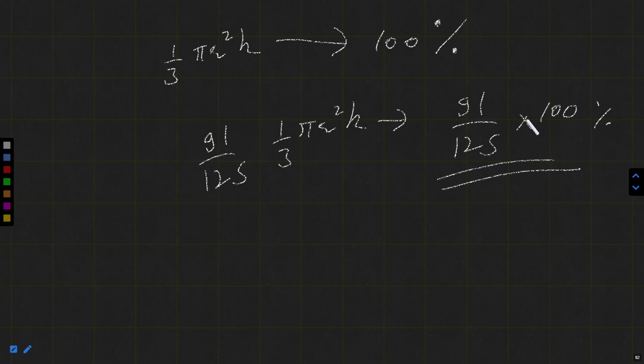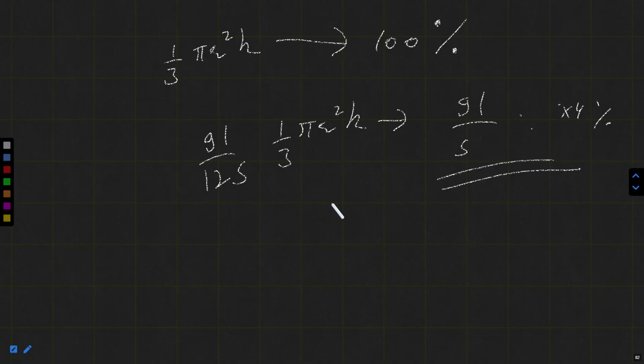So let me do it. So this is 5 cube, this is 5 square times 4, which means I can eliminate this.